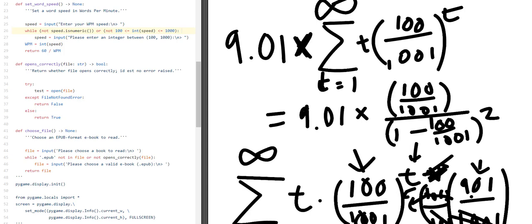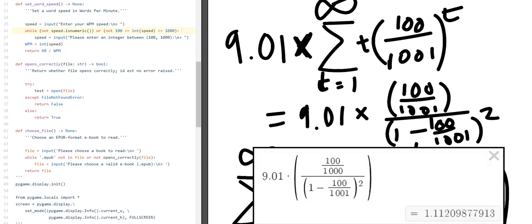So this is what we get as the overall expected value of the runtime.